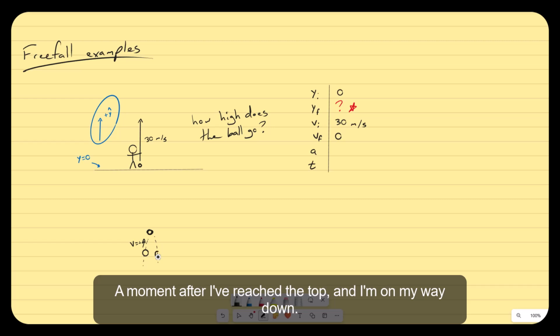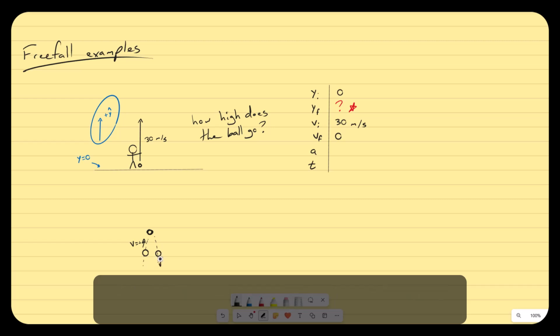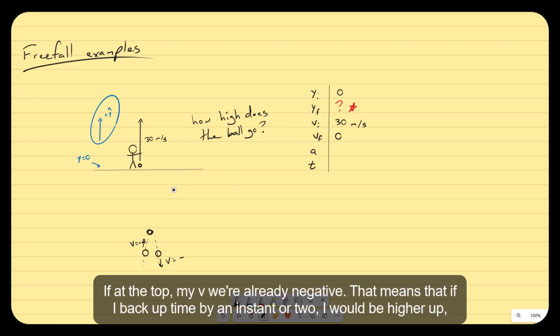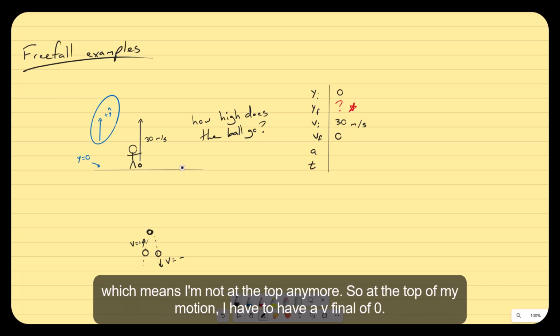A moment after I've reached the top, and I'm on my way down, my V will be a negative number. If at the top my V were already negative, that means that if I back up time by an instant or two, I would be higher up, which means I'm not at the top anymore. So at the top of my motion, I have to have a V final of 0.